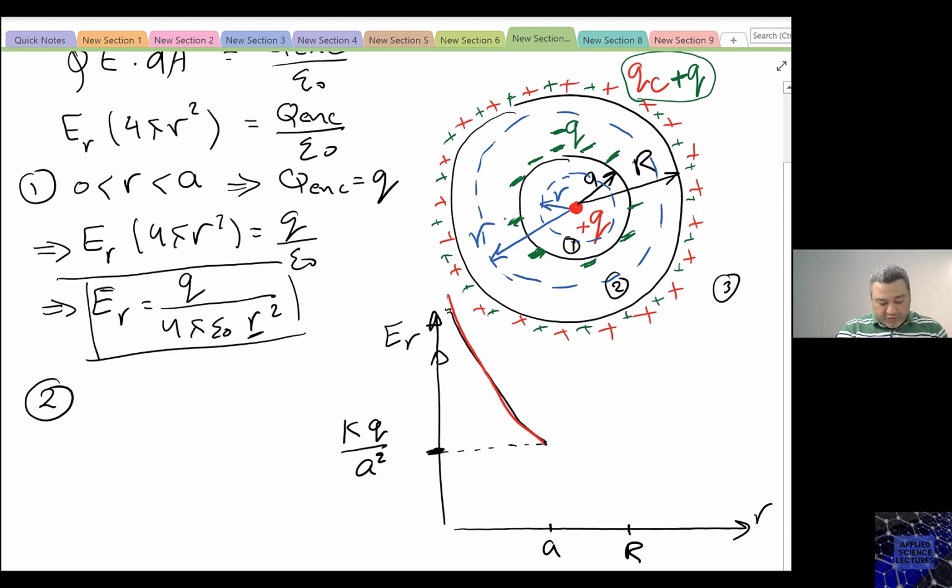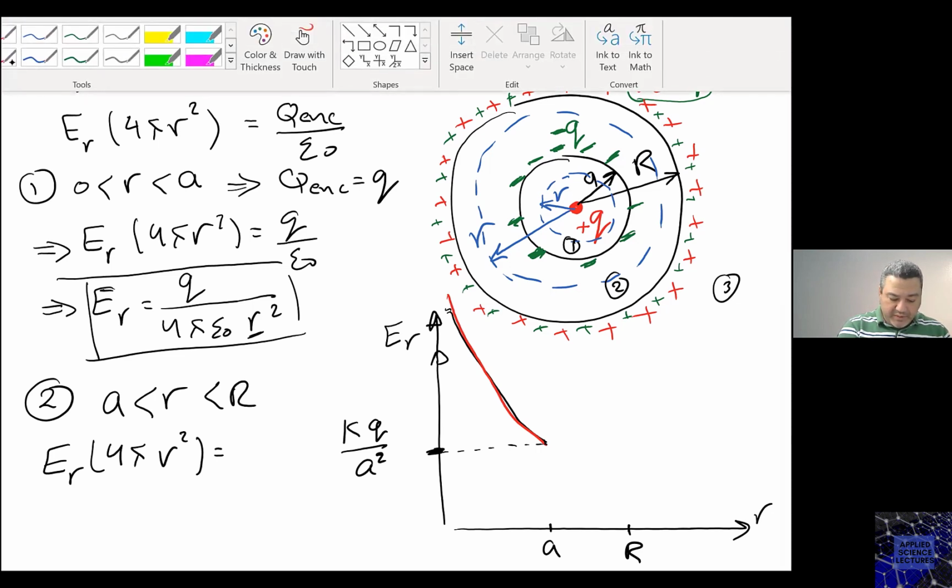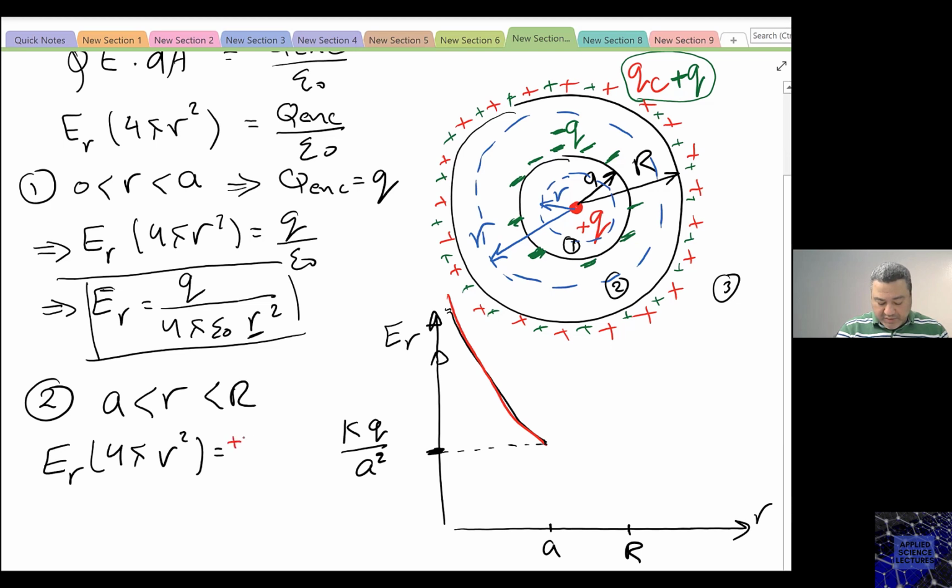Now we'll draw this Gaussian surface for region number 2, which is in the range between a and R capital. So now my region number 2, the r, my variable, is going to vary between a and R capital. Again, we'll be using the same expression that we derived earlier from Gauss's law, equal to the Q enclosed. Now let's see what the charge enclosed is.